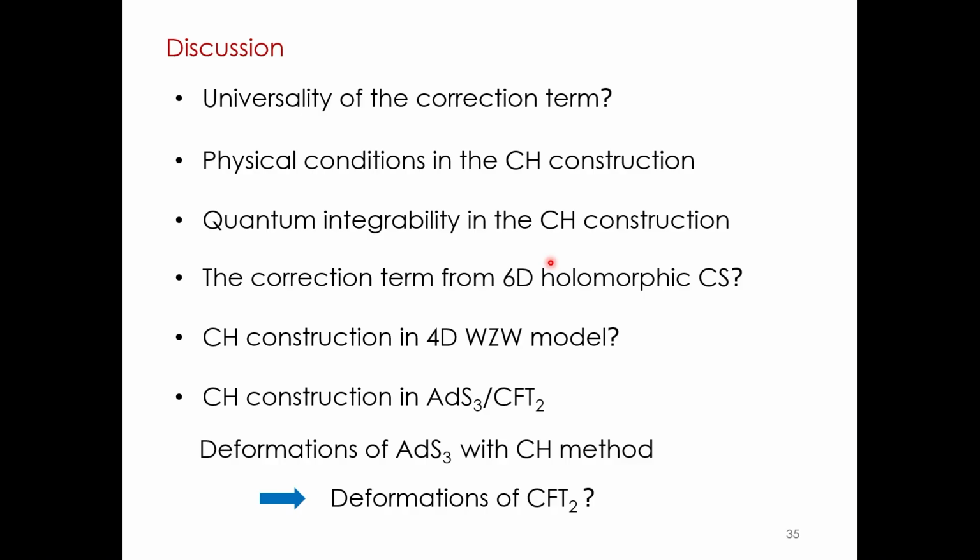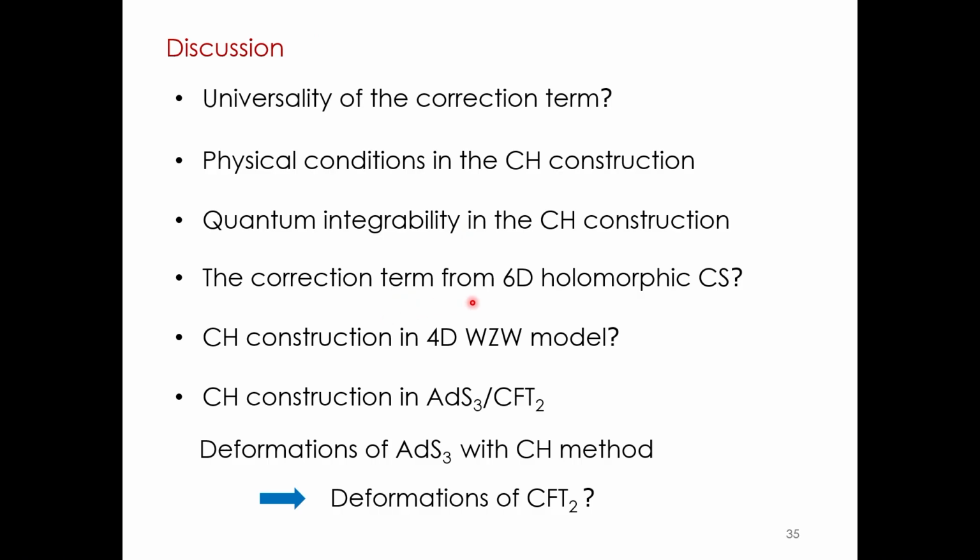The TT bar deformation is well defined even at the quantum level, but we are not sure for root TT bar deformations. Based on these observations, some examples in the Courant-Hilbert construction are quantum integrable, but the others are not. So I want to classify quantum integrable ones by imposing some physical conditions.